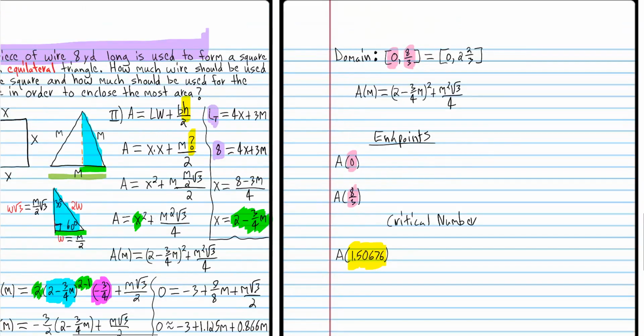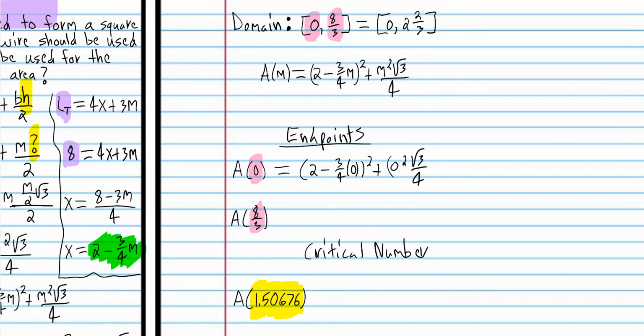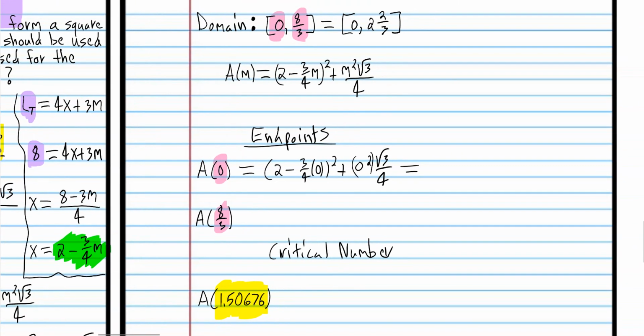Okay, so plugging in 0, we have 2 minus 3/4 times 0 squared plus 0 squared times root 3/4. And that just equals 4. Okay, and that's 4 square yards.